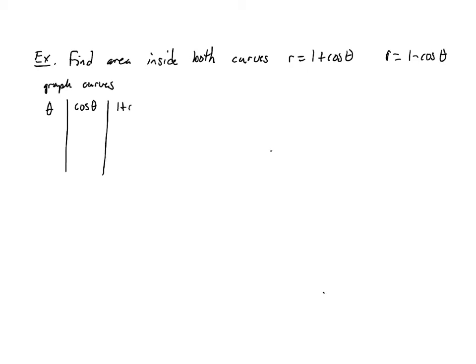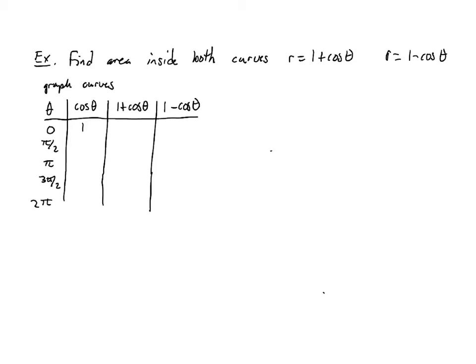And so we'll have 1 plus cos theta and 1 minus cos theta. The relevant theta values are going to be 0, pi over 2, pi, 3 pi over 2, and then 2 pi will cycle us back to where we started.